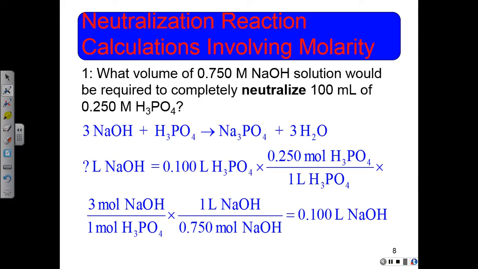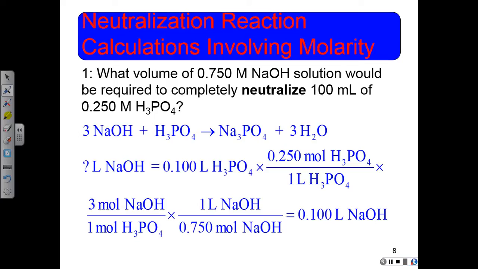We're going to start with what we know the most about, just like the previous problem. We've got 0.100 liters, and then we have the molarity, moles per liter. Remember, it's the same thing as molarity. So we take liters times molarity, and we get moles, right?